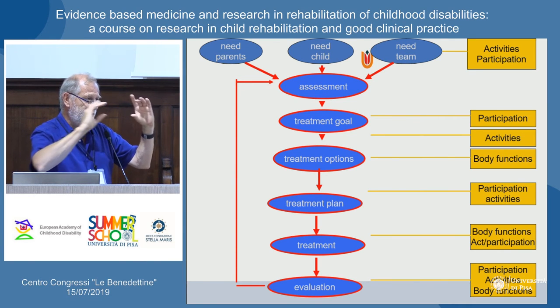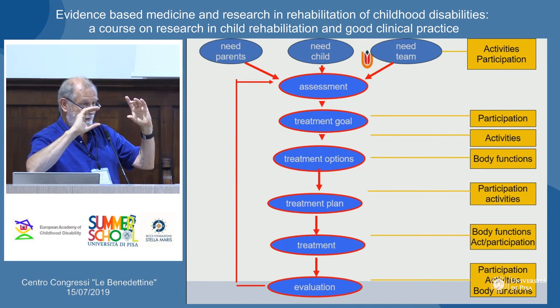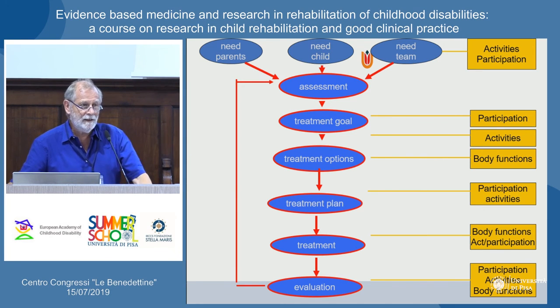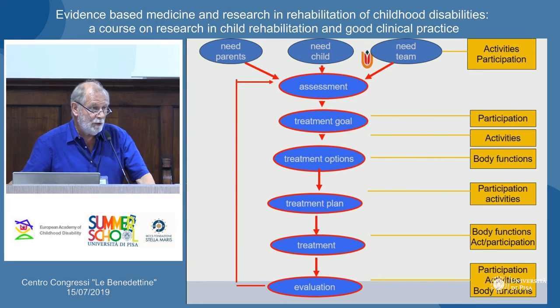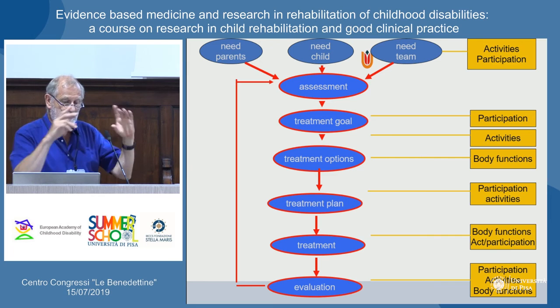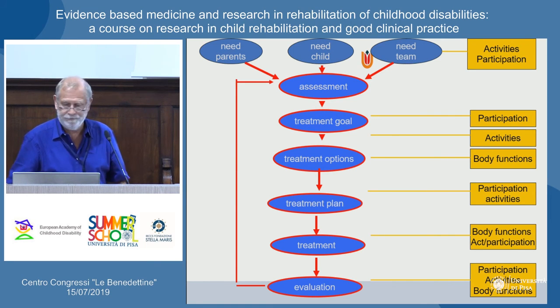For when they are very similar, then you don't find any effect. So usual care has to be defined also. What does usual care mean? Then you can look at the difference between your intervention and what they are used to doing.